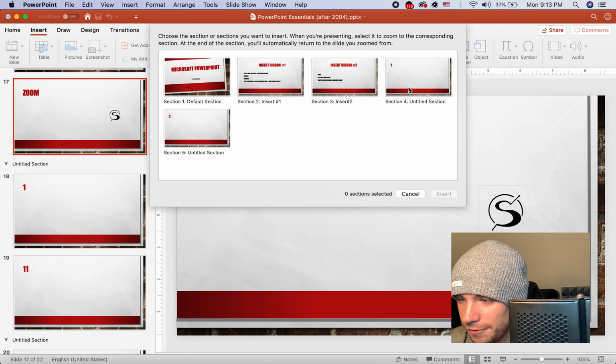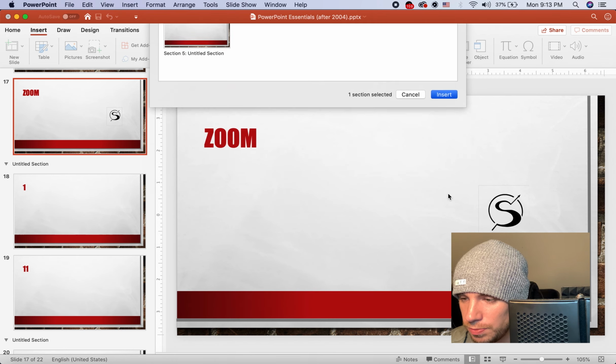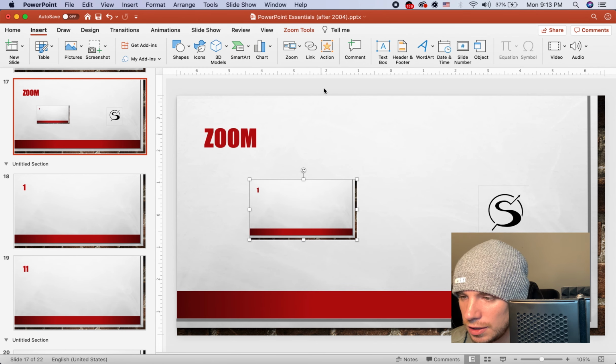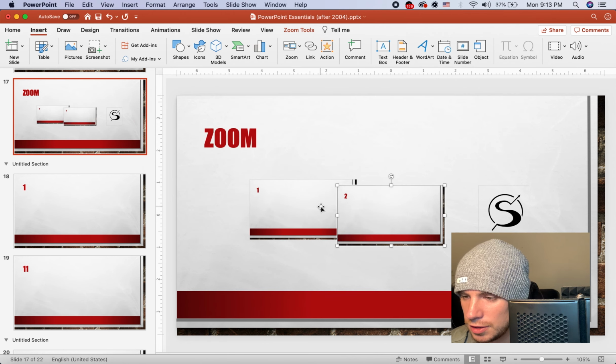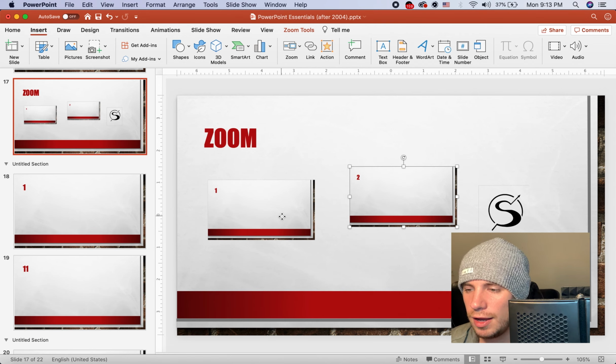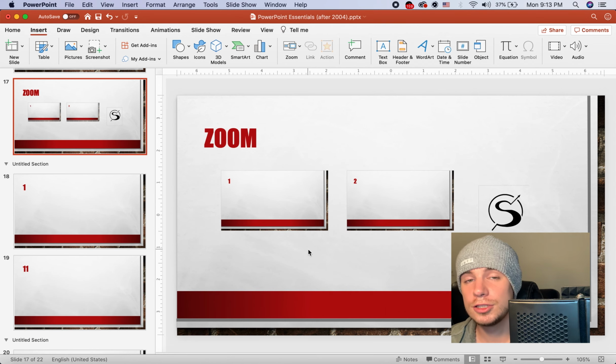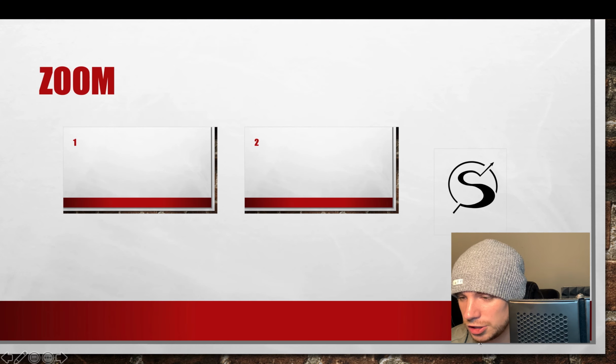So we choose this section, and let's insert a different section, the second section. Right now we see two slides, but basically they link us to two different sections.